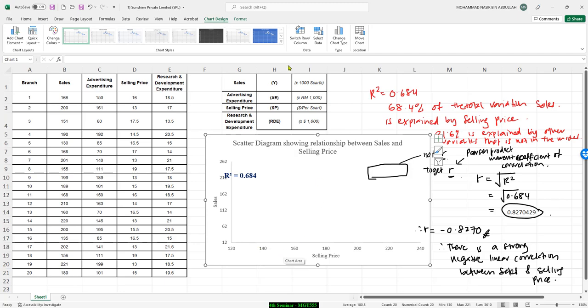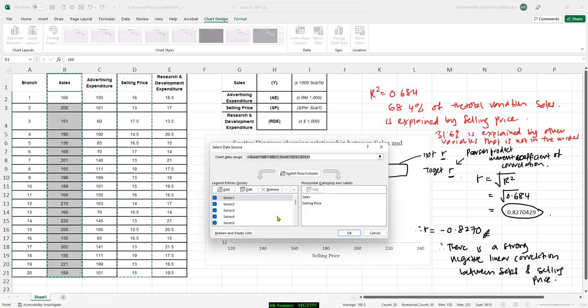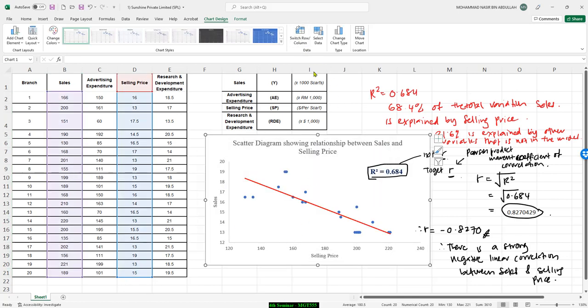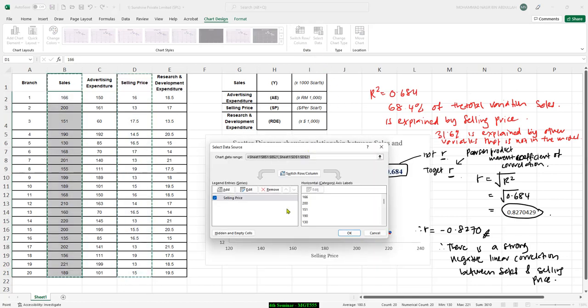Alright, I think we select data lah, senang. Kita select data. I think something wrong here.